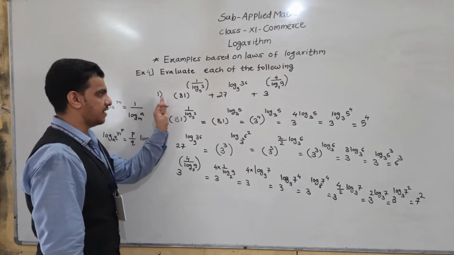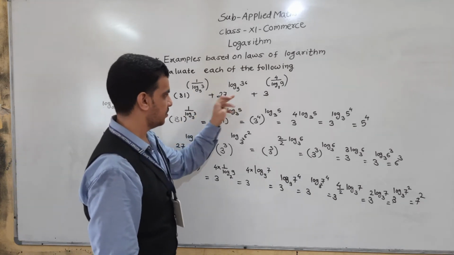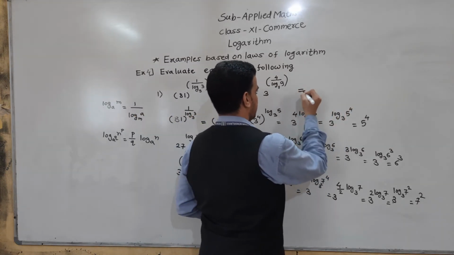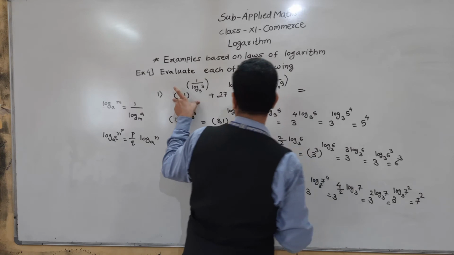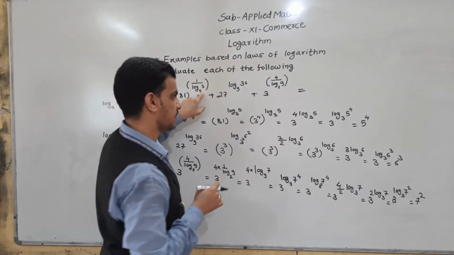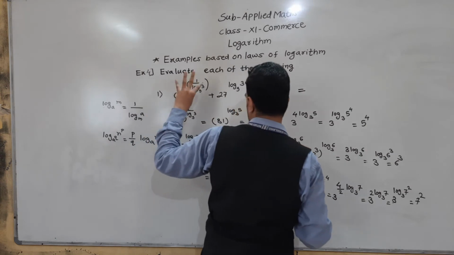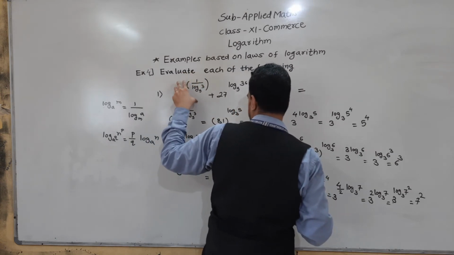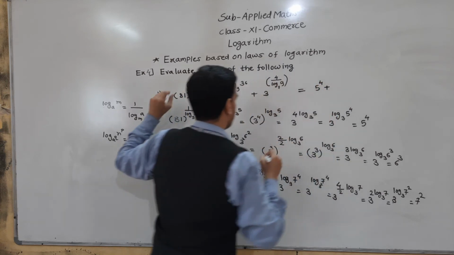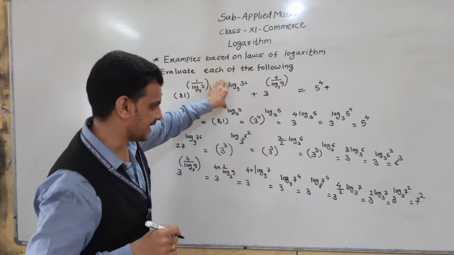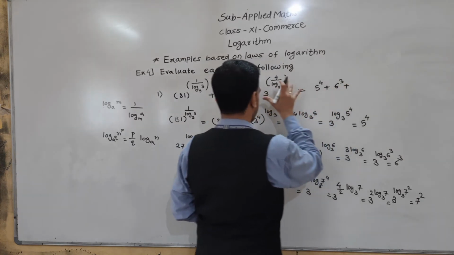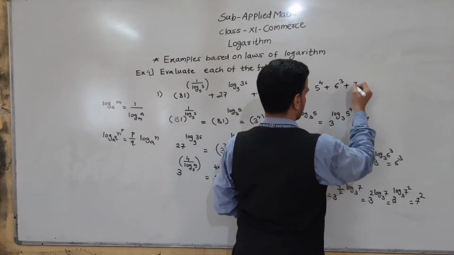Now we have to add this. Okay, I will write here. This is the answer: 81 raised to 1 upon log 3 to the base 5. So when we evaluate this term, we will get 5 raised to 4, plus when we evaluate the second term, it is 6 cube, and when we evaluate the third term, it is 7 square.